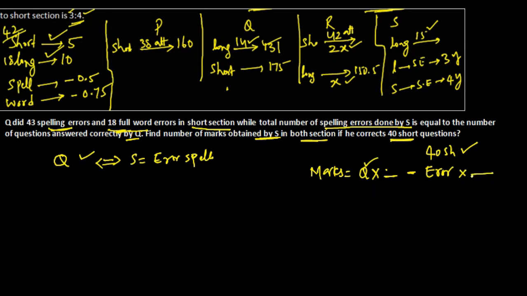If you do this, we'll get the marks. So the question is about the number of marks obtained by S. If you want to know this, you need to know the number of correct questions and the number of errors. Regarding the correct questions, here 40 short questions are correct. And in S's data it is given, he has done 15 long questions correct.